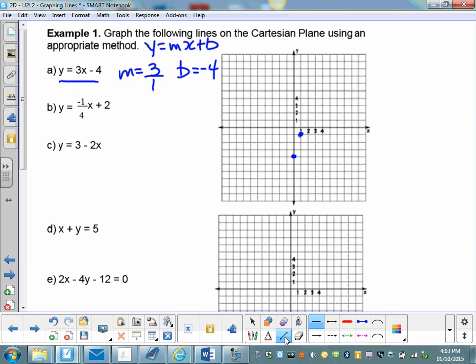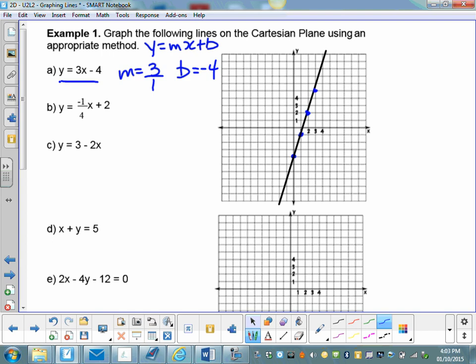And I can put my line through there. So it looks about right. And remember that that pattern continues. So from the y-intercept to the second point here, I went up 3 over 1. So I can go up 1, 2, 3, and over 1.